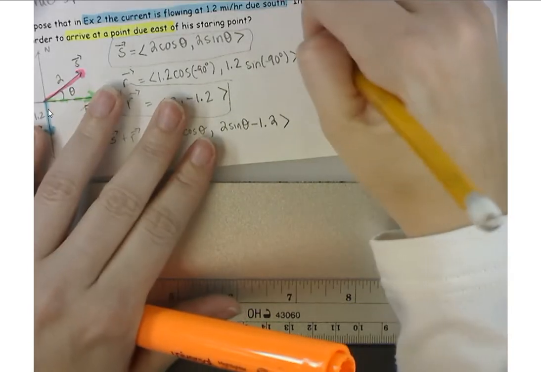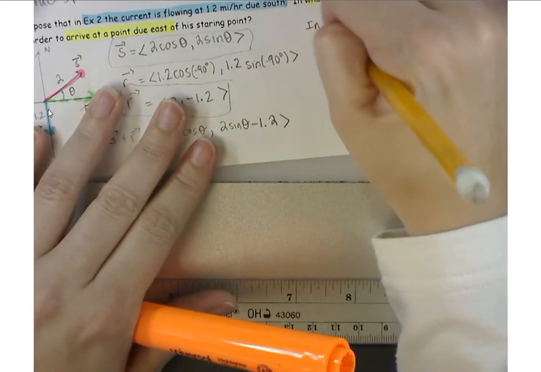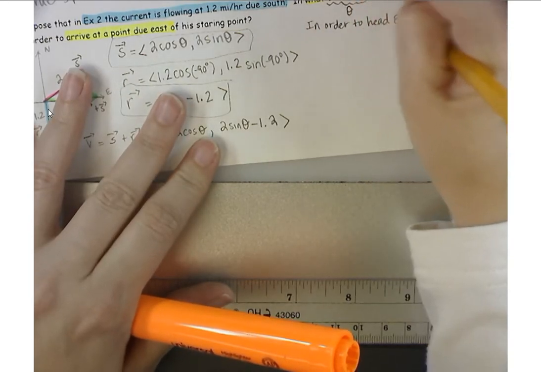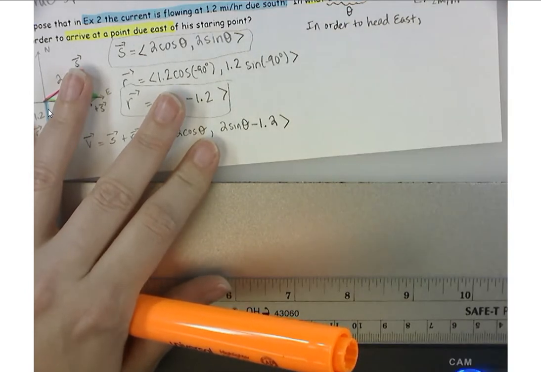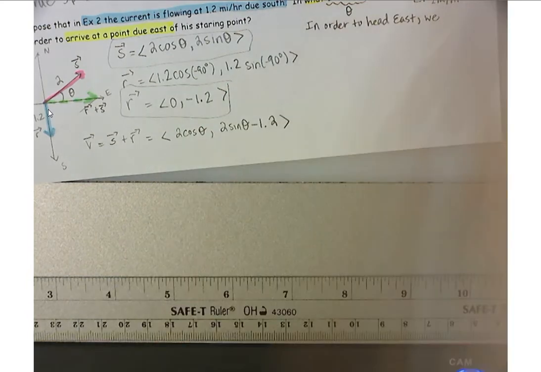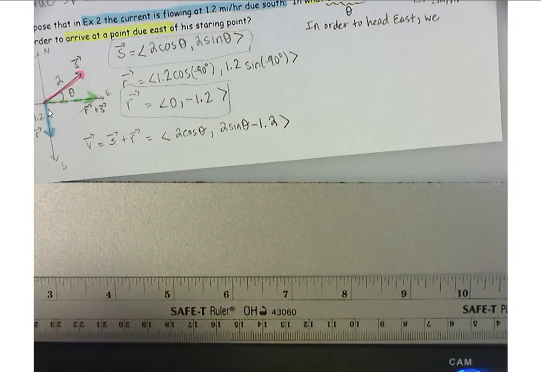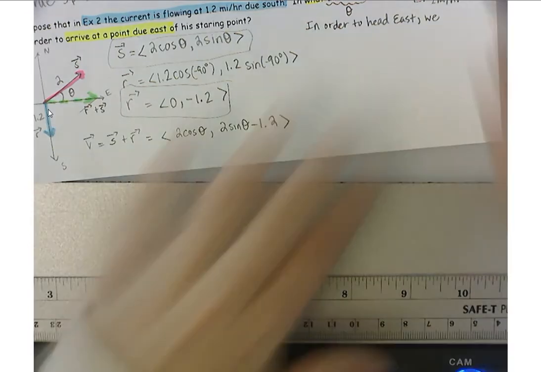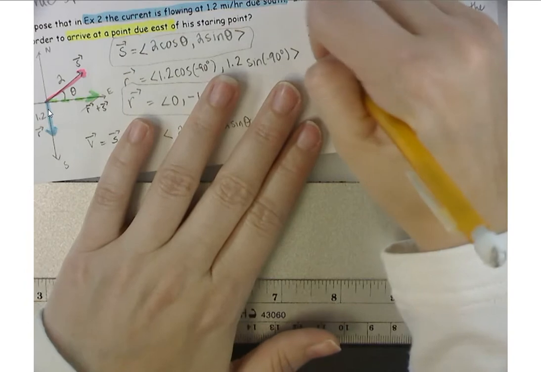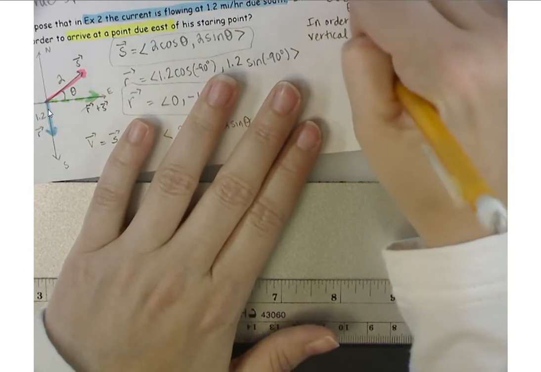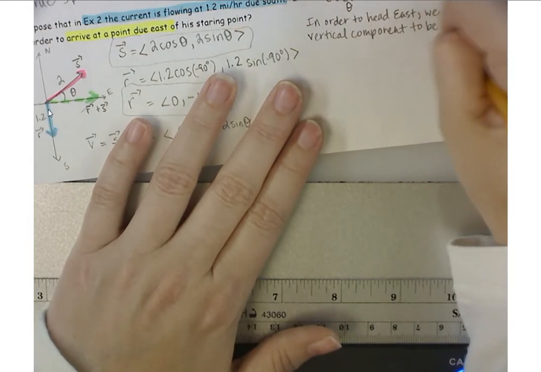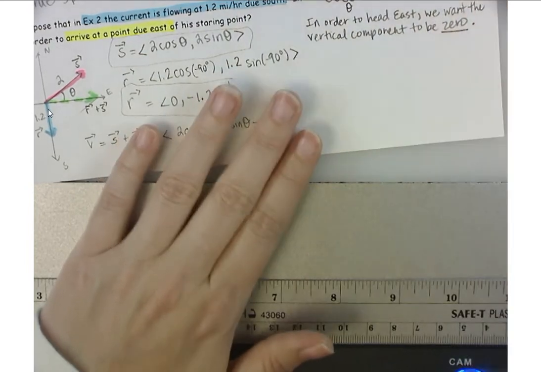So, in order to head east, we want the vertical component to be 0. Okay?